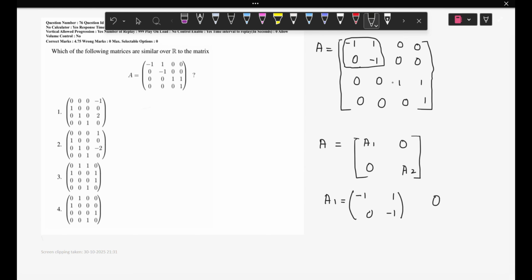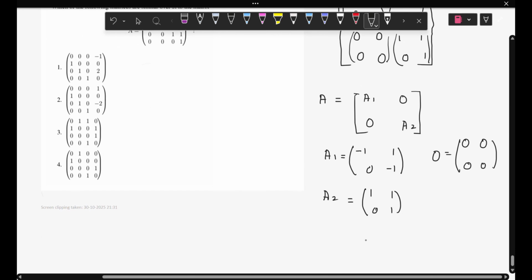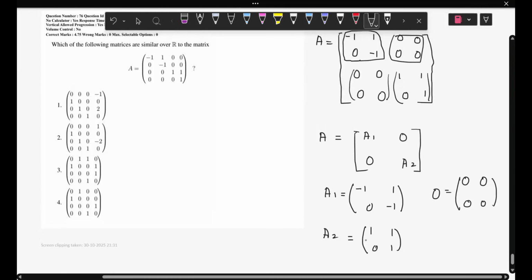What is 0? 0 is the next 2 by 2 block: 0, 0, 0, 0. Again, 0 is this 2 by 2 block, and A2 is this matrix: 1, 1, 0, 1.